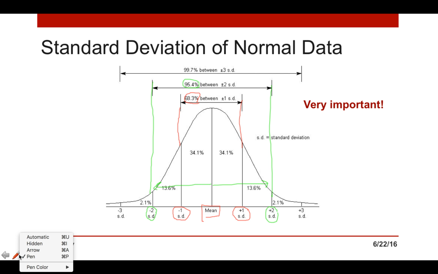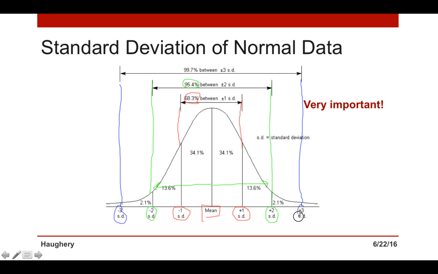And of course it follows then that 99% of our data will be between -3 and +3 standard deviations. So what this tells us is if we have a normally distributed data set and we calculate our mean and our standard deviation, we can determine what range 68, 95, and 99% of our data will fall into.